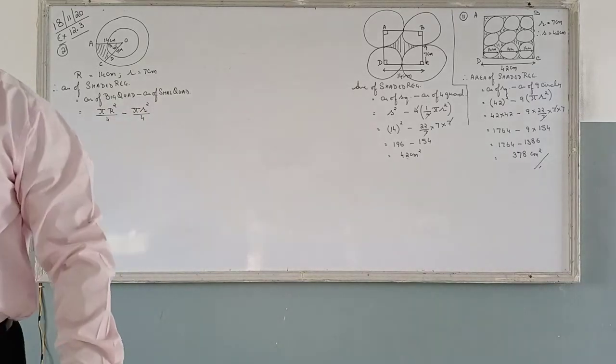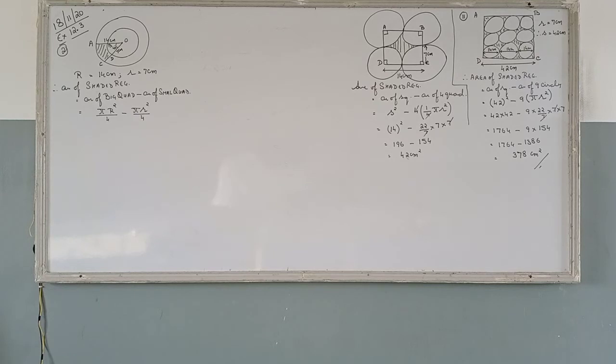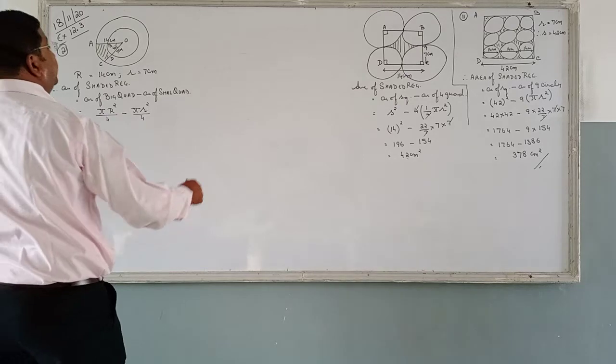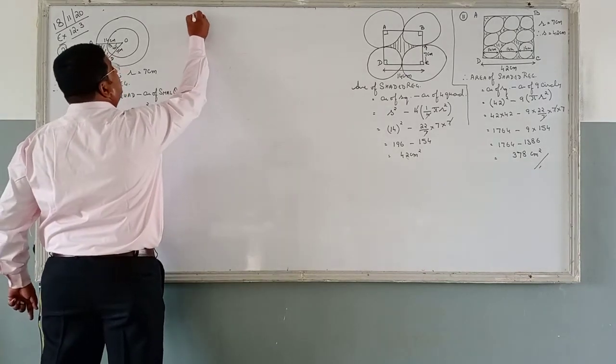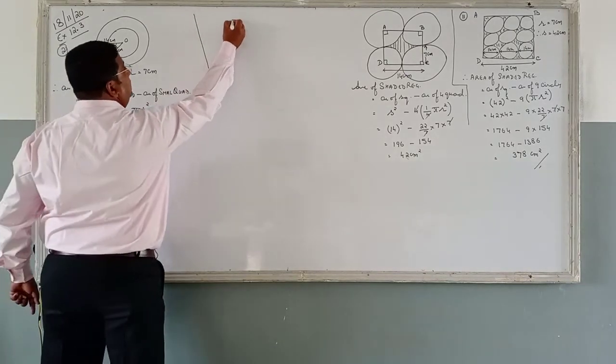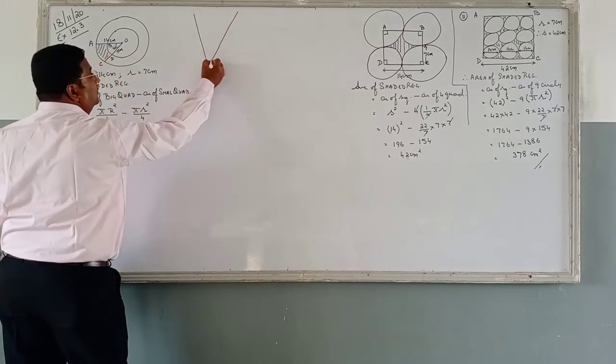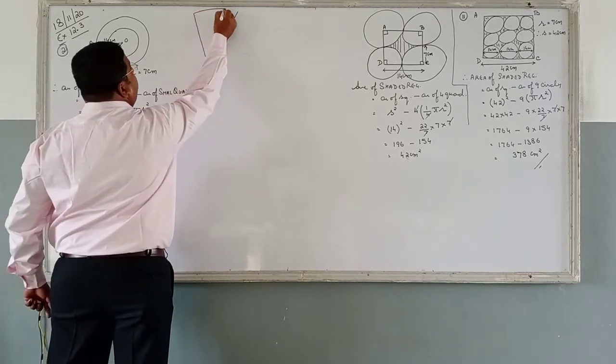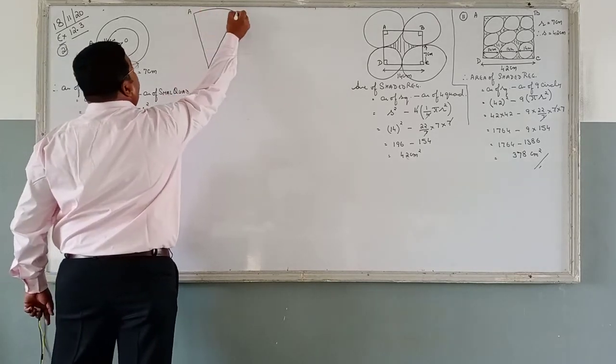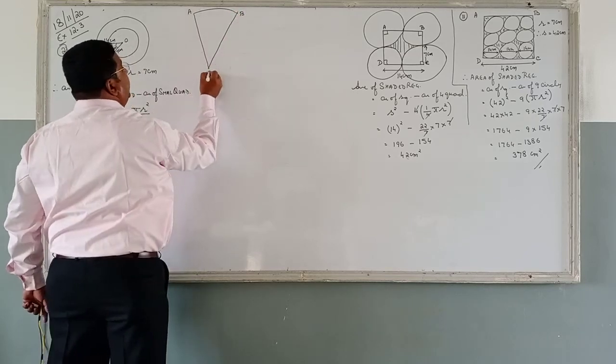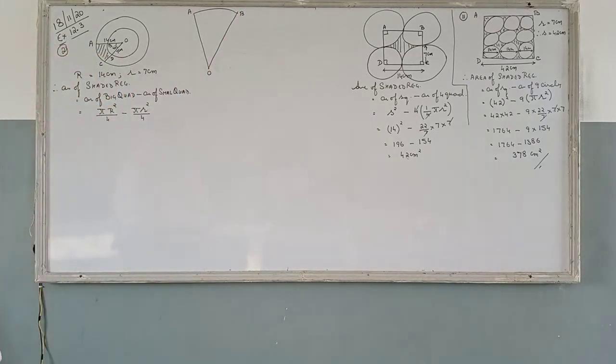A similar question, similar figure is there in question number 14. AB and CD are respectively two arcs of two concentric circles of radius 21 and 7. This is the figure provided to you in your textbook. This is the first quadrant, A, B, with vertex I suppose is O, correct?